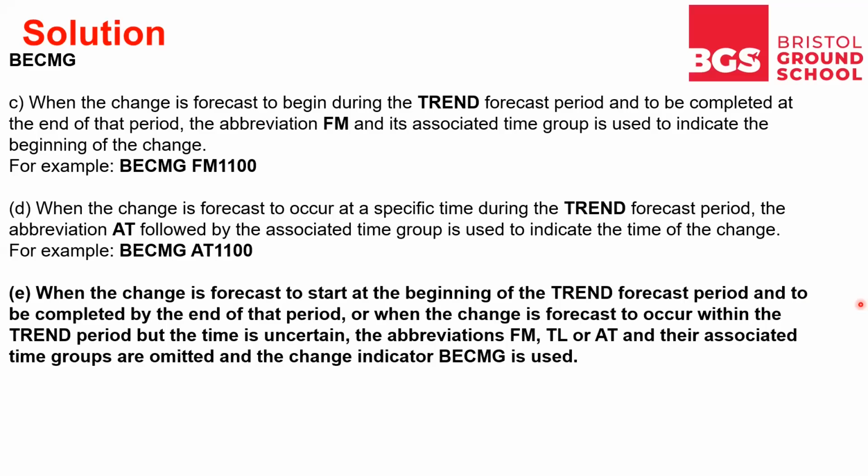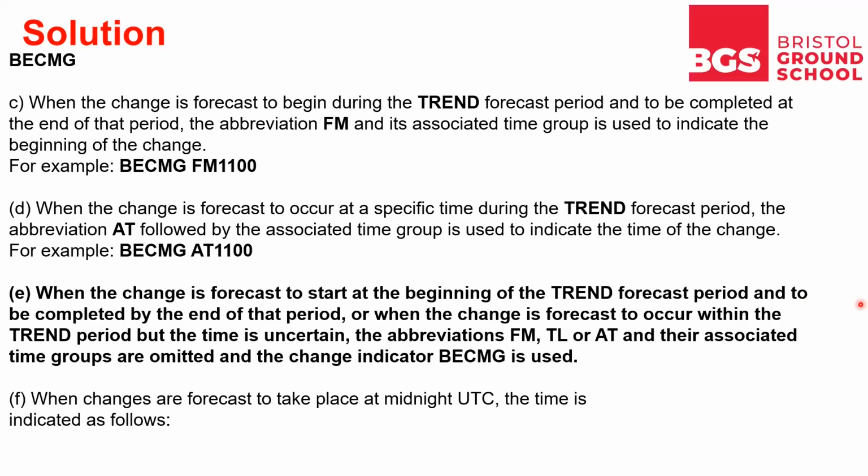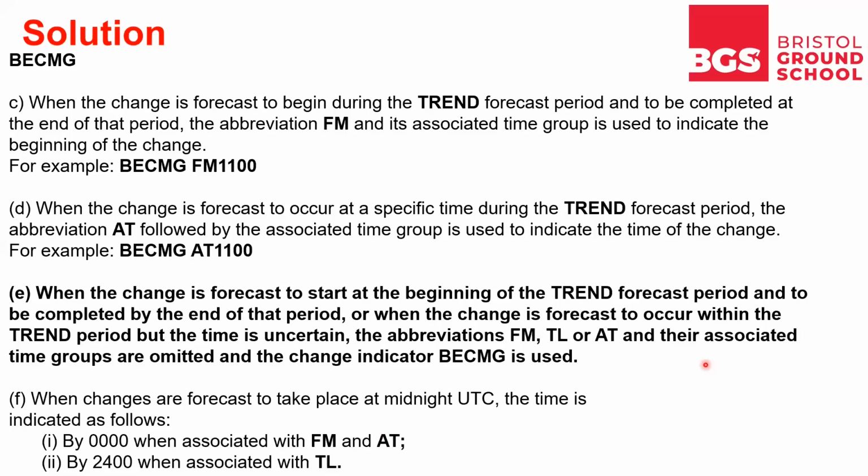It's worth knowing that sometimes things happen at midnight, and when the changes are forecast to take place at midnight UTC, the time is indicated by using 0000 when associated with FM and AT, but if it's associated with a TL, then they will use 2400 for midnight. And that is the definition of BECMG.